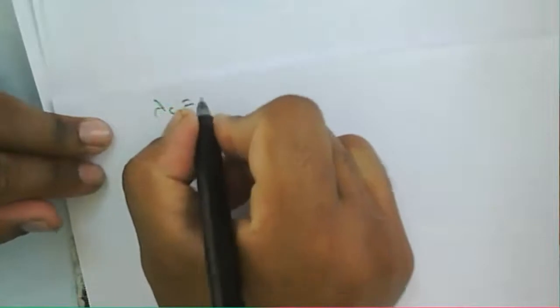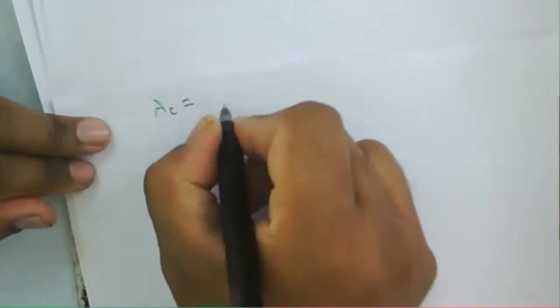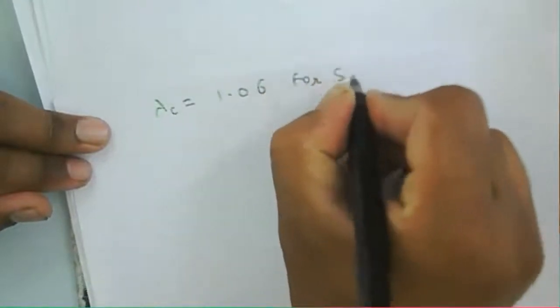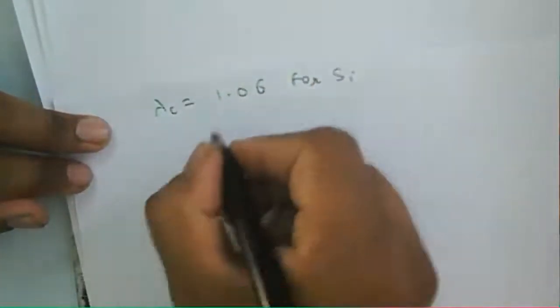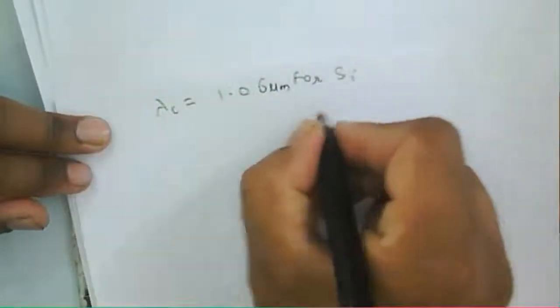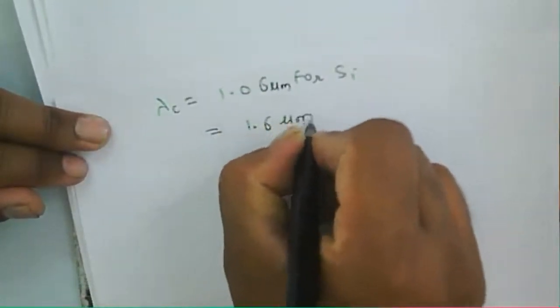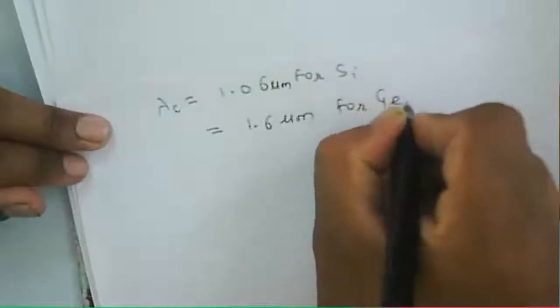And we say that the cutoff wavelength is 1.06 micrometer for silicon, and 1.6 micrometer for germanium.